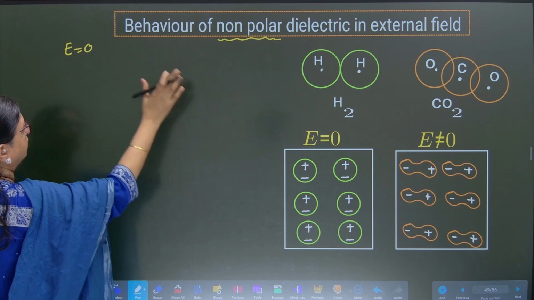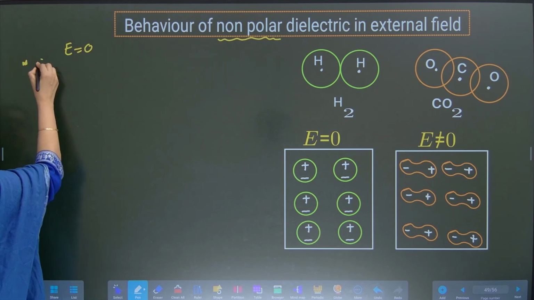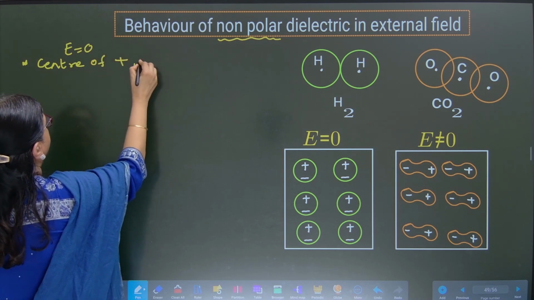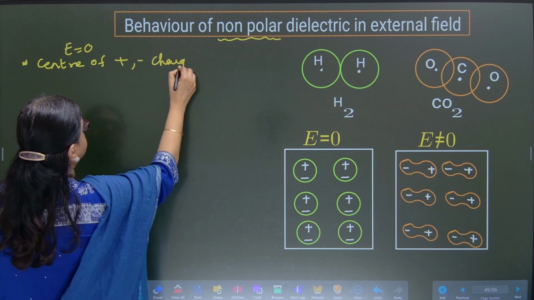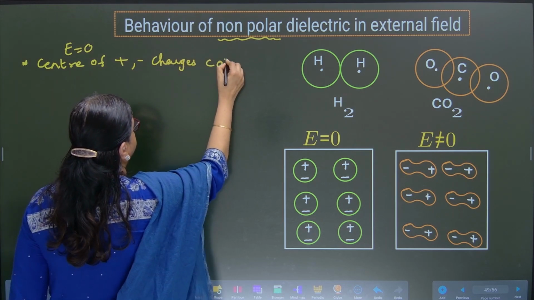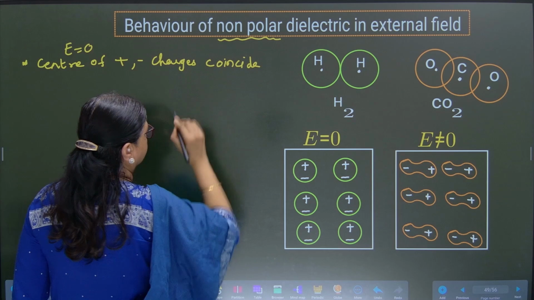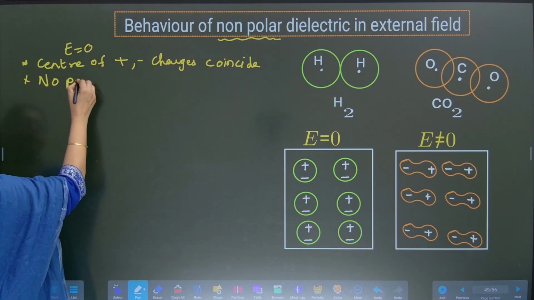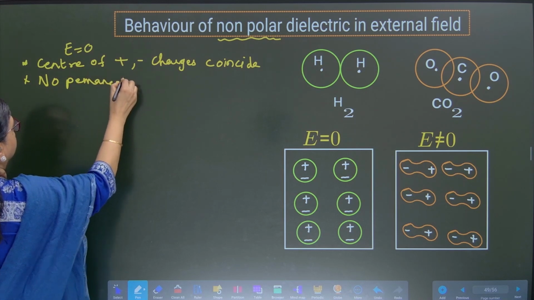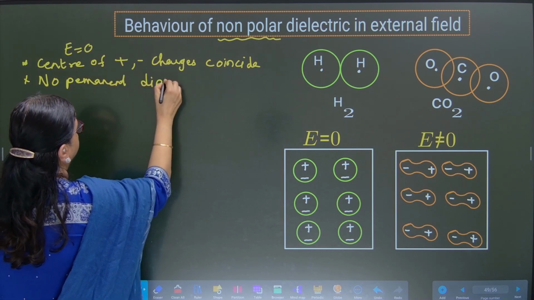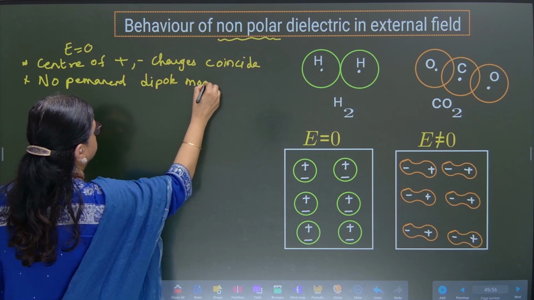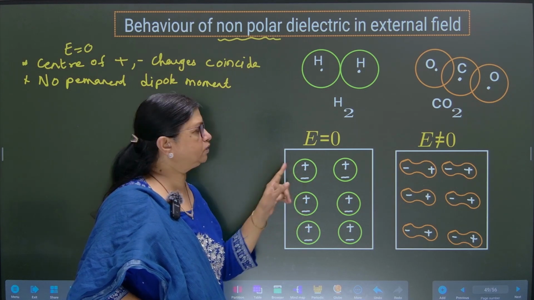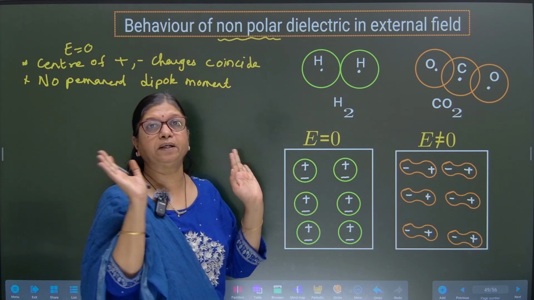The center of the positive and negative charges coincide, and there is no permanent dipole moment. That can be seen here. The center of the positive and the negative charges coincide, so there is no permanent dipole moment.